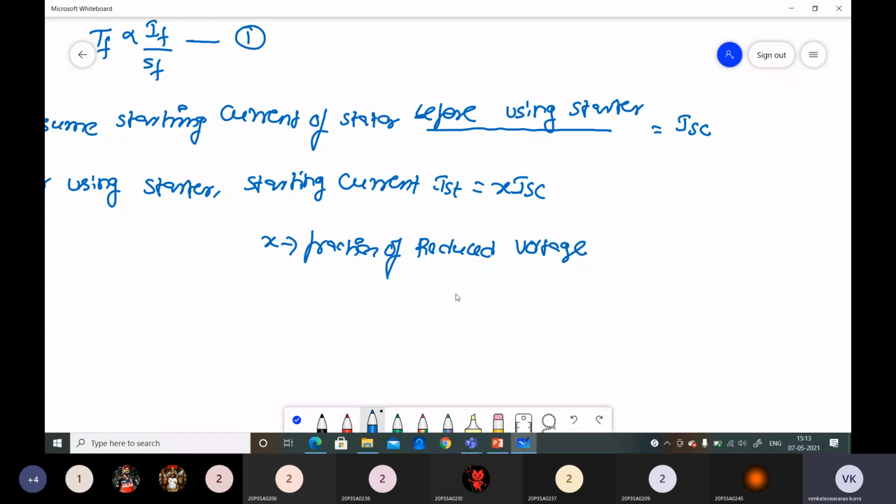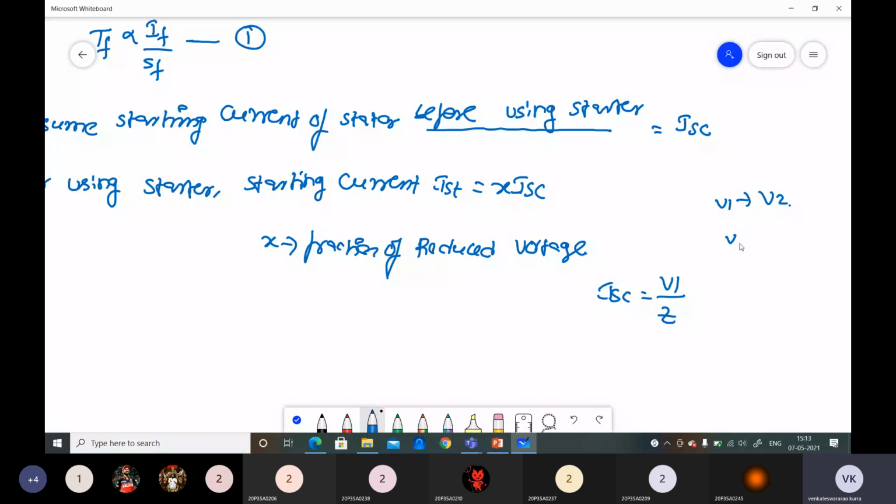So at starting condition, before using the starter, take ISC equal to the starting current before using the starter, ISC equal to V1 by Z. Now after introduction of resistance, the voltage V1 is reduced to V2.